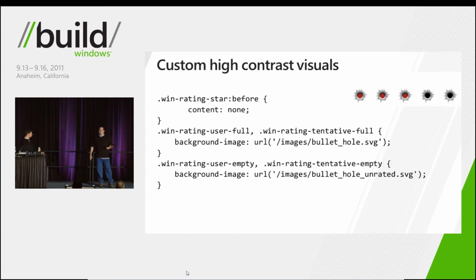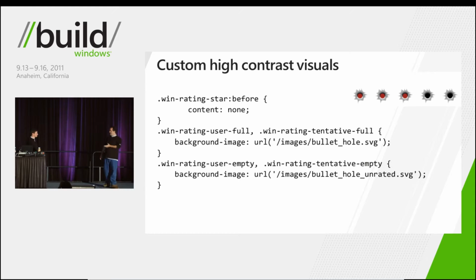But it's going to do things like remove a background image, and this is problematic when I have, say, another custom control, such as my custom ratings control, where I've replaced the stars with bullet holes, right? Because it's a first-person shooter. And if I use the mechanism that I previously showed, then I'm using background images for the custom artwork.